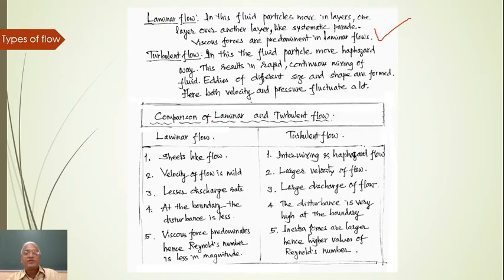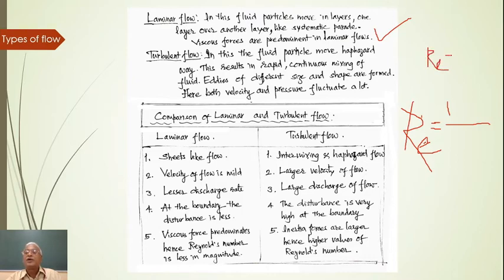Now comparison of laminar flow and turbulent flow. So here I would like to write an expression for Reynolds number. Of course you are going to study it in dynamics, but to make a comment on these two flows, you should know the expression. Last time I had given you, it is V d rho by mu.